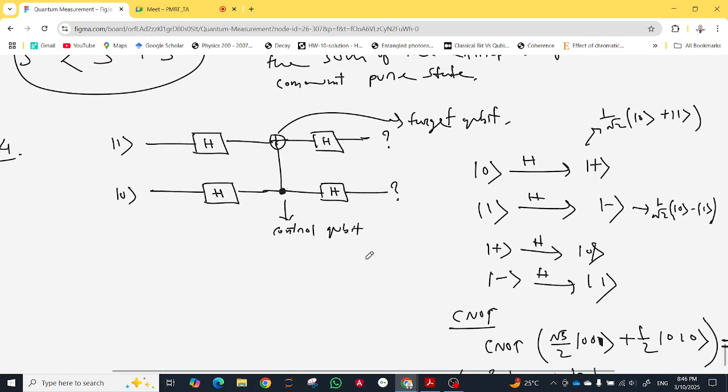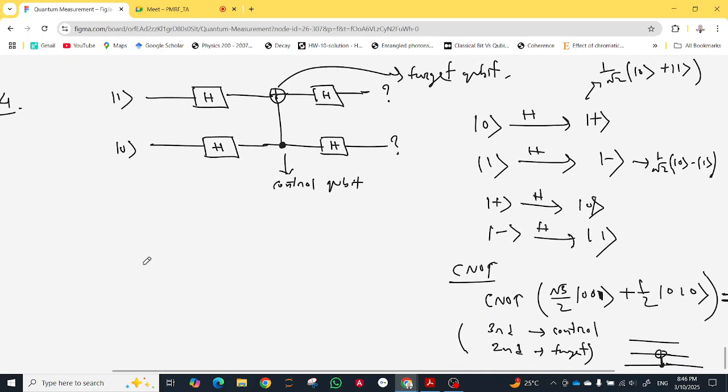Now let's come here. The best way is to define the states here, okay? Suppose this is your psi0 state. Here you define your psi1 state and just keep on writing psi0, psi1, psi2. And here this is your psi2 and the outcome is your psi3 state.